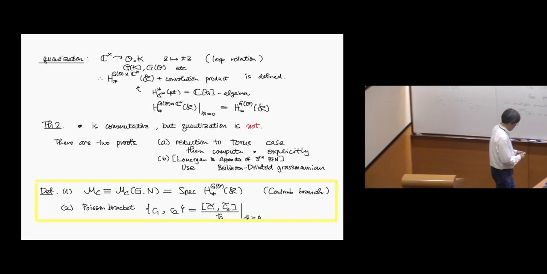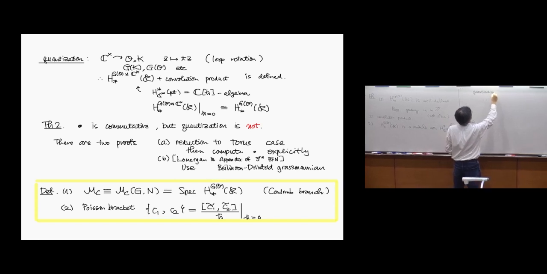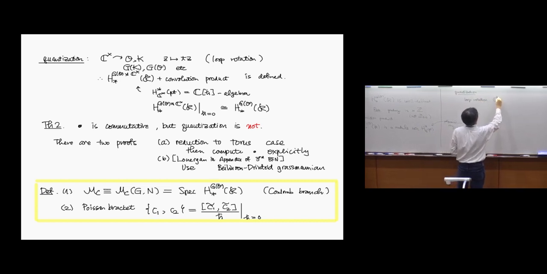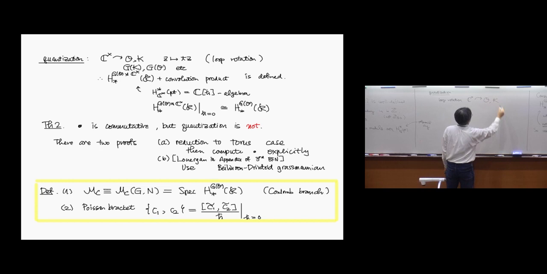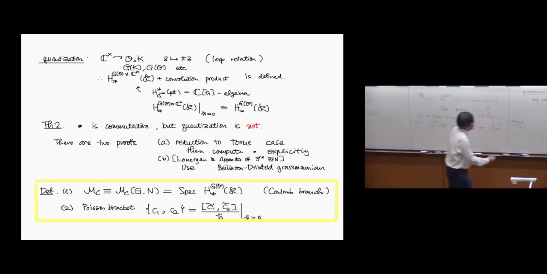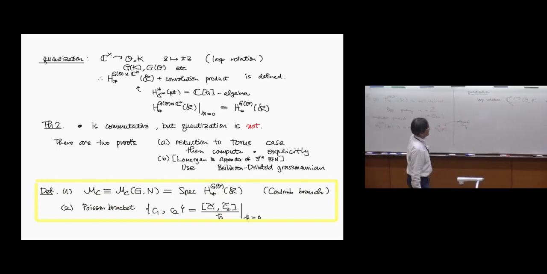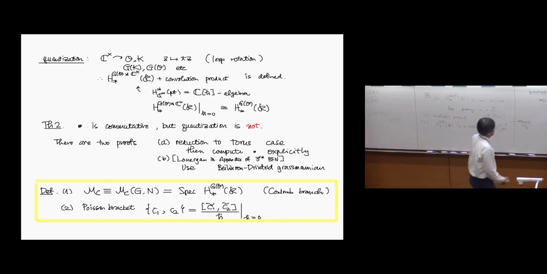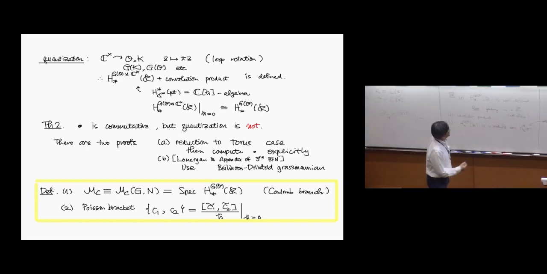So we have loop rotation on O and K. This is multiplication on Z, and it acts on everything which we have used so far, in particular this variety R, and also the group itself, which you consider in equivariant homology.